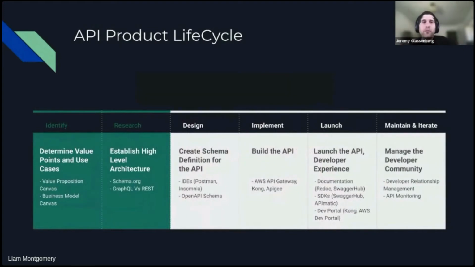So applying product principles, design-first APIs is basically taking the general process for product management and applying it to your APIs. It's just that your customers are developers. That's basically understanding your business and the goals of your business and what kind of value you're providing to your customers, who are your personas. From that, conducting some research, better understanding your customers and the problems that they have.